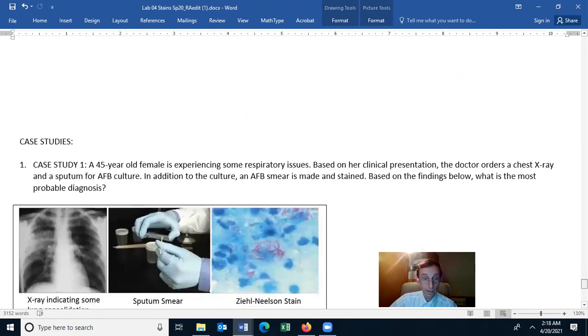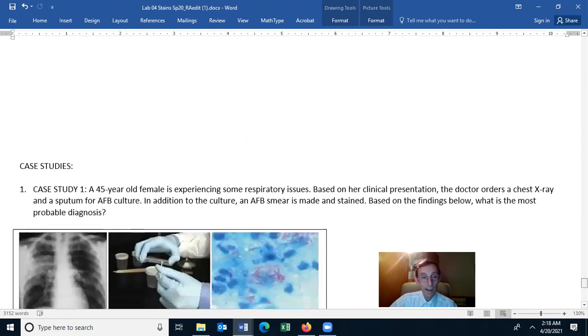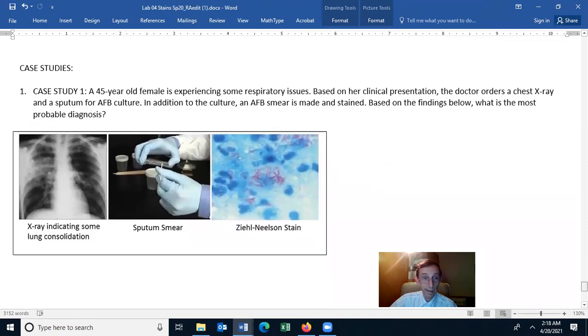All right, if you have any questions, whoops, I'm not quite done. And then there's 2 case studies for this lab. Case study 1, read through it, and you're looking at the x-ray pictures of a patient and a bacterial sputum smear, and then the Nielsen stain. And you have to look that up, what that's staining for. And you can see green cells and red cells, and that means something.